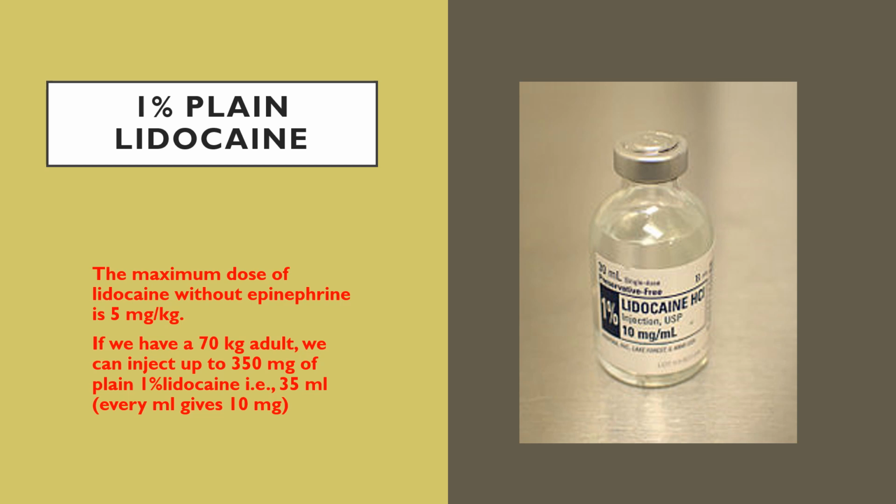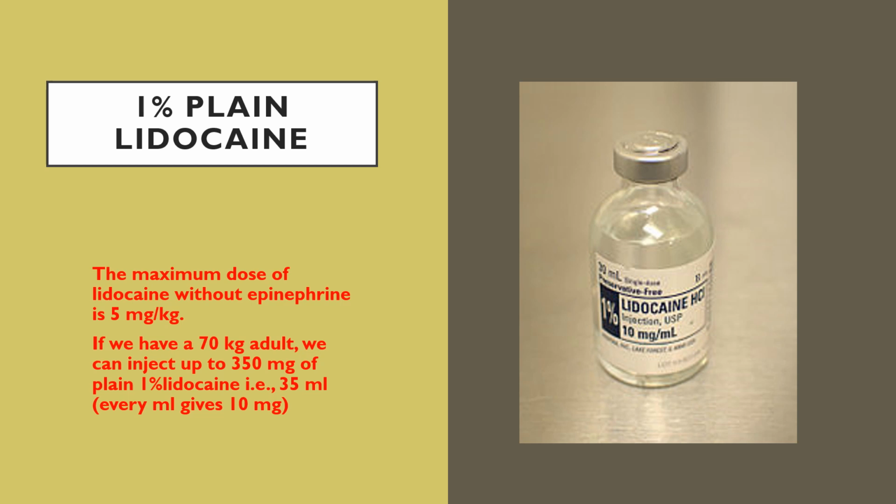But how can we know how much we give in ml, cc, cubic centimeters or milliliters? Because it's 1% lidocaine, every 1 ml gives you 10 milligram. Of course, if you give 2%, every 1 ml gives you 20 milligram.